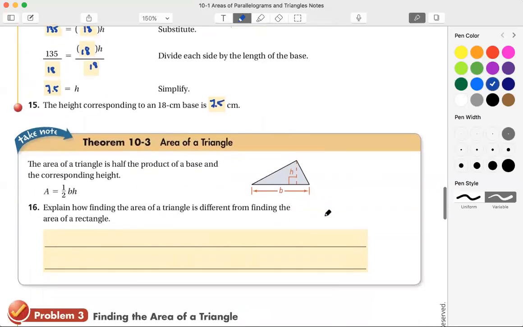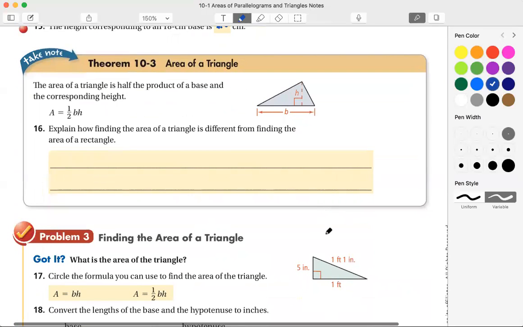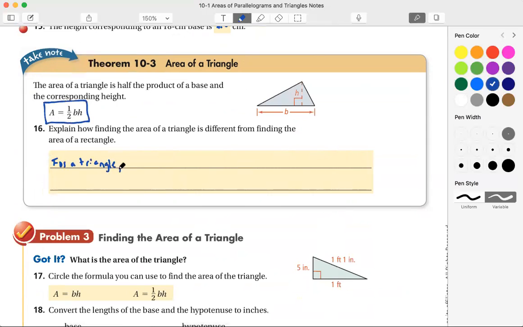All right. 10-3, area of a triangle. The area of a triangle is half the product of a base and the corresponding height, or the formula A equals 1/2 base times the height. So for a triangle, find half the product of the base and height.